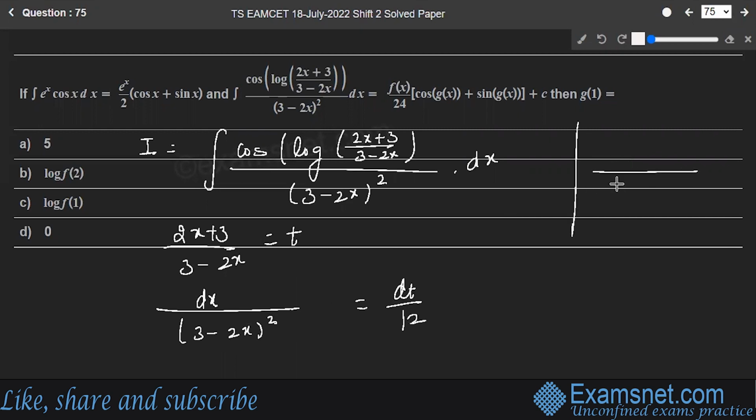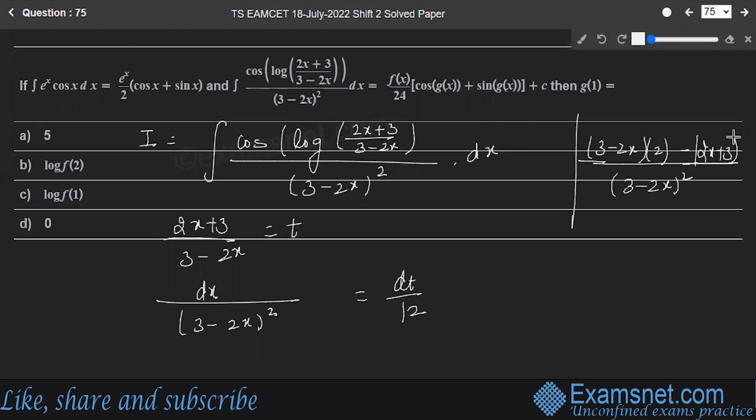So we'll do the denominator square, (3 minus 2x) square, into denominator, derivative of numerator, minus numerator into derivative of denominator, which is equal to minus over here, minus 2, which is multiplied by minus 2. So on solving, this is going to give you dx upon this is equal to dt upon 12.